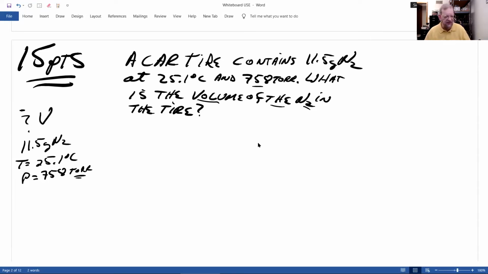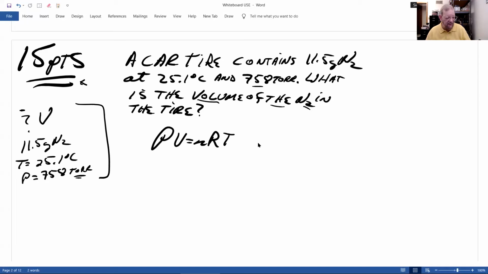Now, as soon as you see this, nothing is changing. None of the variables are changing. We're being asked to find something, and this is a little hint too, 15 points, you need to use the ideal gas law, PV equals nRT.